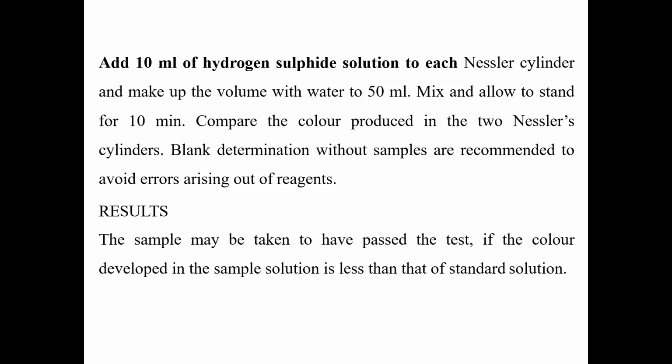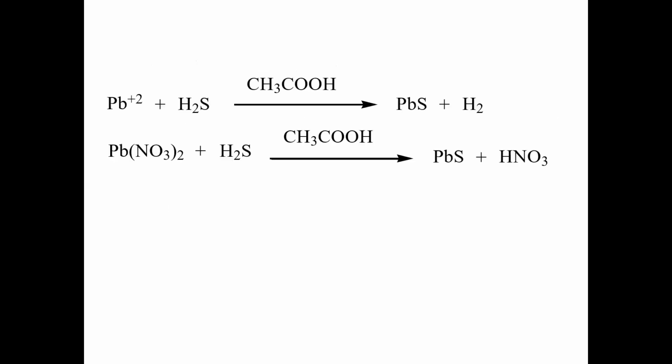The sample may be taken to have passed the test if the color developed in the sample solution is less than that of the standard solution. These are the reactions with hydrogen sulfide along with acetic acid, giving lead sulfide and gas.